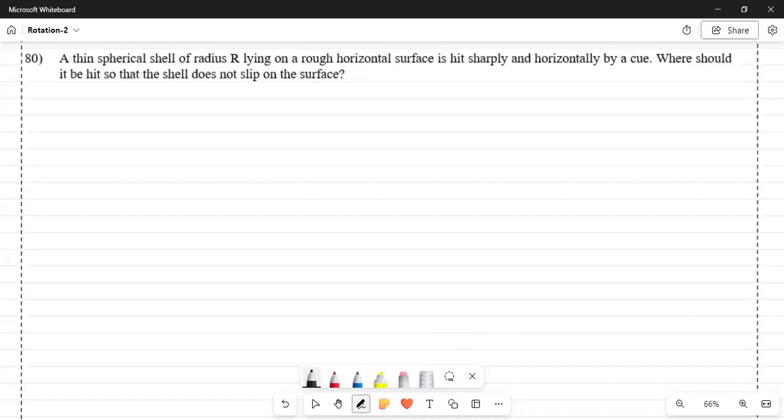A thin spherical shell of radius r lying on a rough horizontal surface.